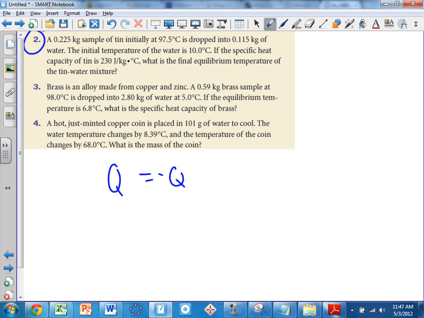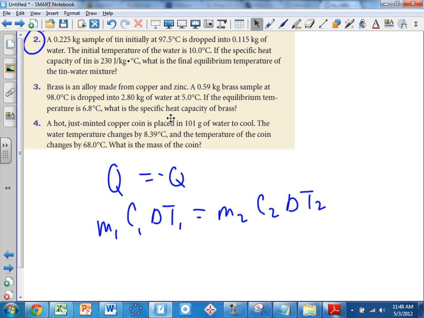Very good. M1C1 delta T1 equals M2C2 delta T2. What are 1 and 2? Different substances. Before it was initial and final. So we've got tin and water.